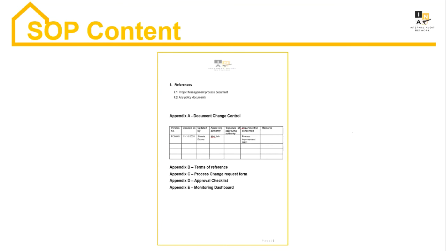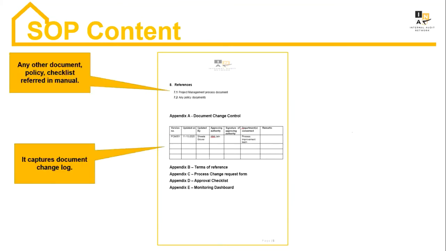Now, appendix. There could be any document which you want to add, but this Appendix A, document change control, I want to discuss. This is very important: this document change log should be maintained to ensure that whichever changes have been made in this particular document have been properly approved by the approving authority.